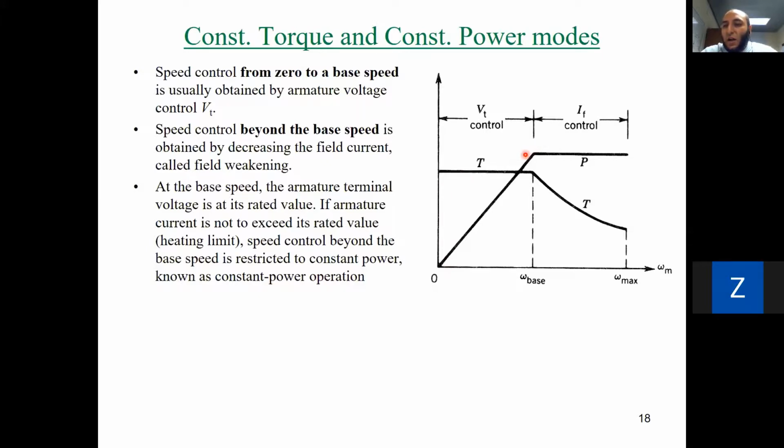However, beyond the base speed, it's better to reduce the torque in order to not make the machine overloaded. So we make it constant power control. To keep constant power, we can increase the speed, however the torque has to be decreased. This can be achieved by field current control.